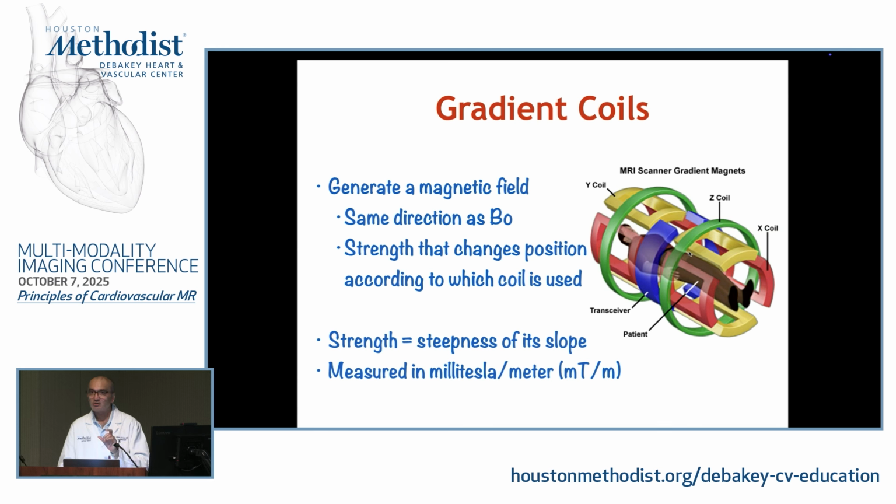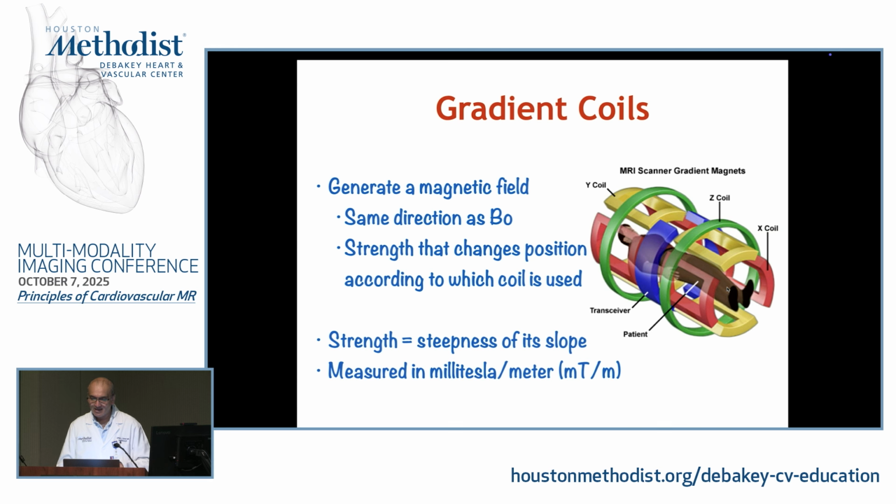Again, we're talking about small magnitudes of changes. So instead of 1.5 Tesla, it may be 1.500001 Tesla as you move further to the head, and just a little bit lower as you move further to the feet. But as you get further and further away, the alteration in the magnetic field gets more and more.